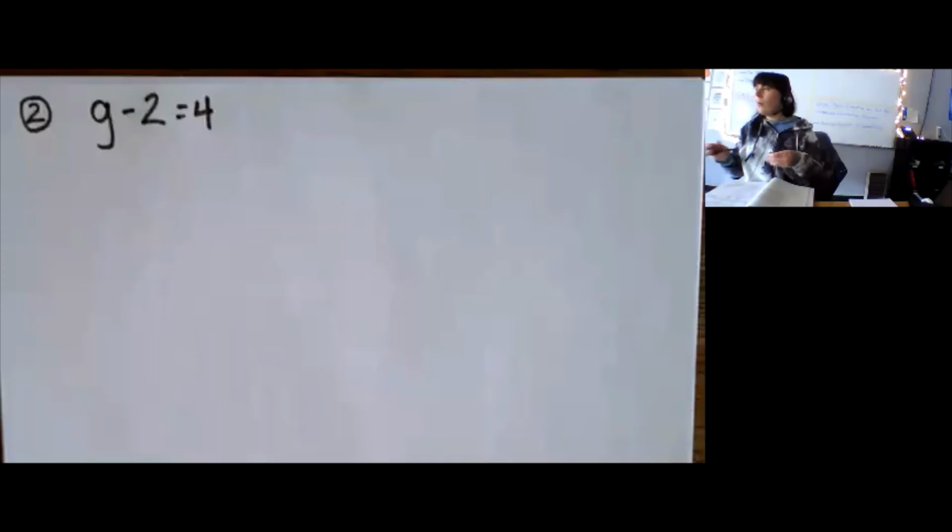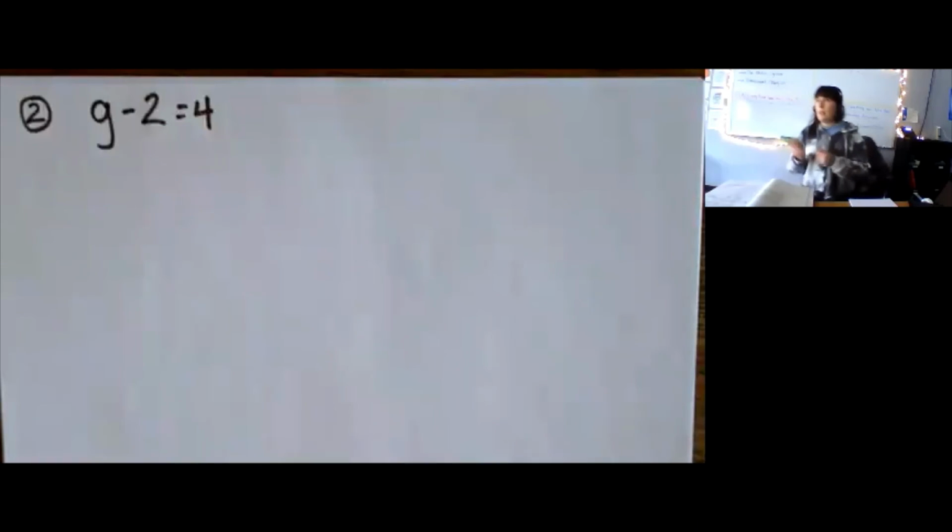We're going to look at one more example. In this example, you've noticed that the variable is not x, but we still do have a variable. G is our variable, and we need to isolate it, or we need to get G by itself. The addition property of equality tells us that if we add a number to one side of the equation, we need to add it to the other side.